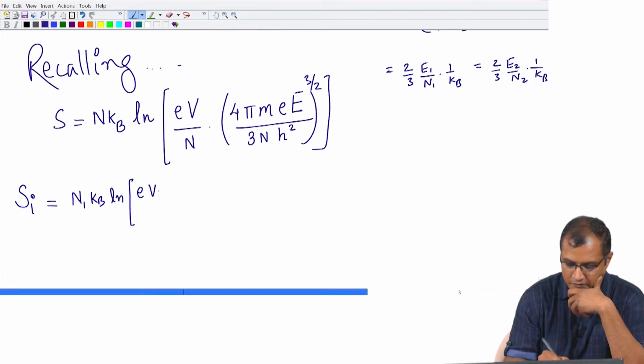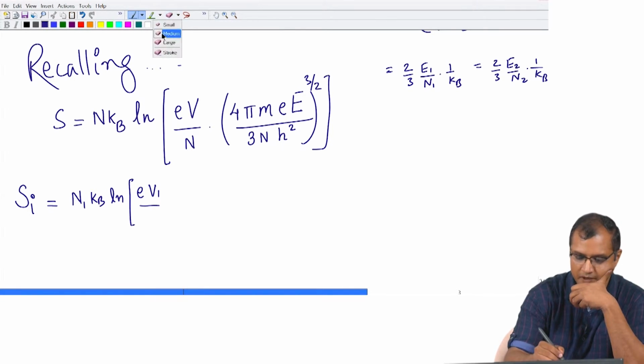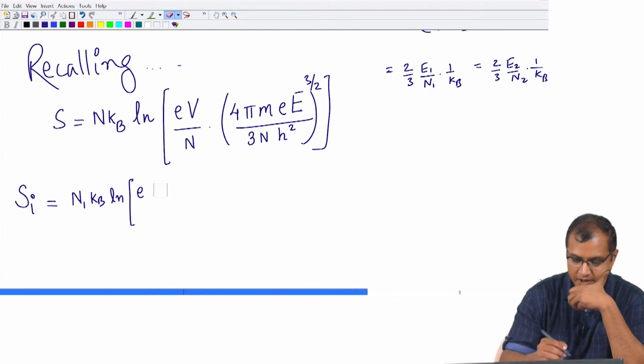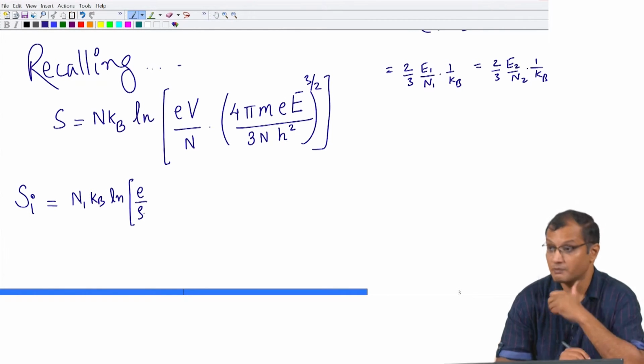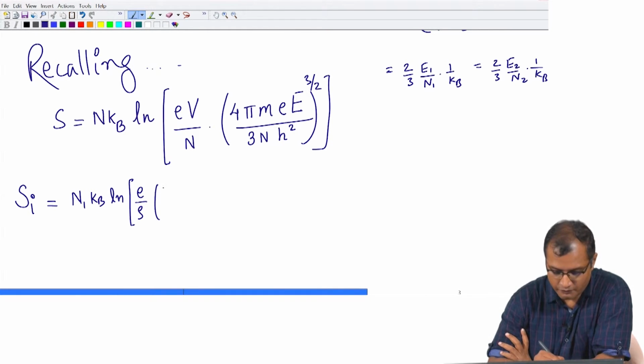E V1 by N1, we can write down as simply E by rho into 4 pi m1.